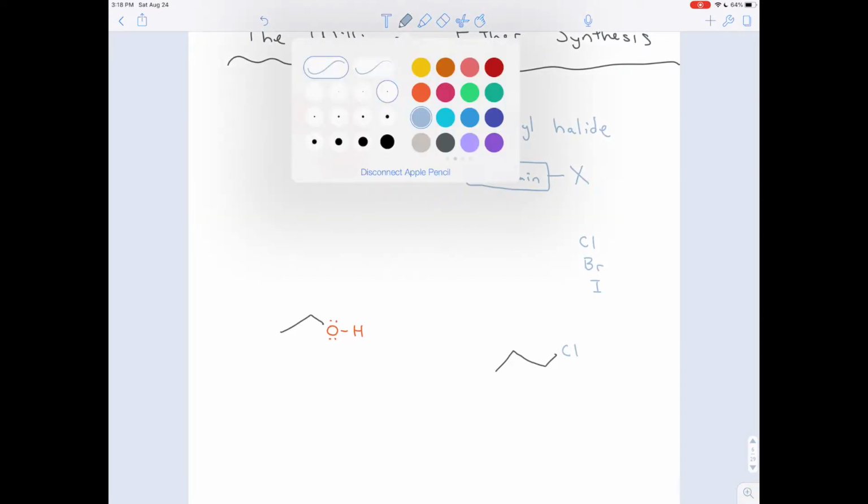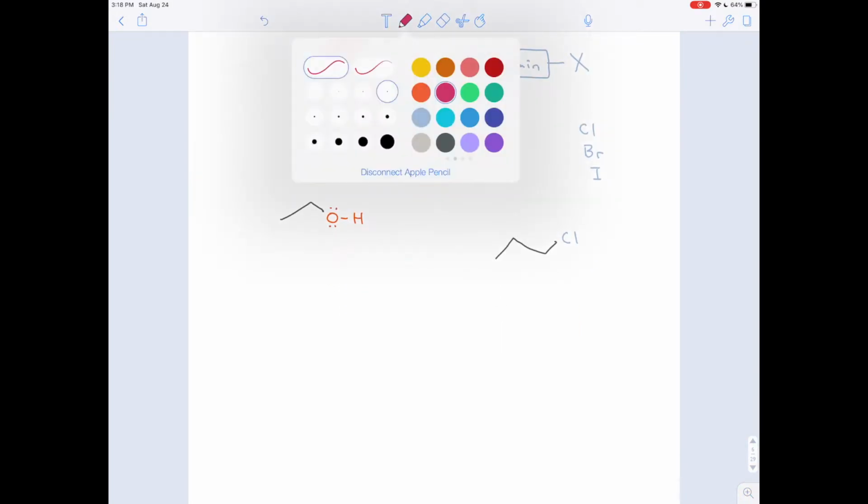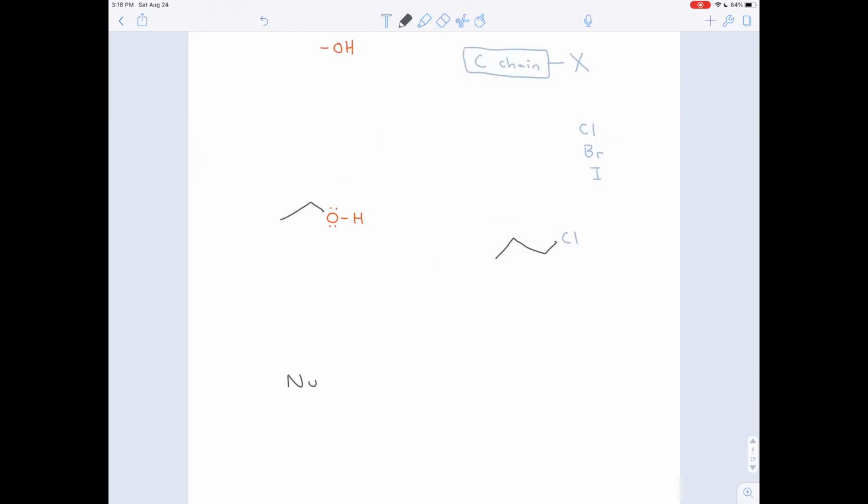Now, the alcohol is going to be the nucleophile, and you'd recognize nucleophiles and electrophiles in the following way. You have nucleophiles and electrophiles. Nucleophiles are either going to have a full negative charge, a partial negative charge, lone pairs, or pi bonds.